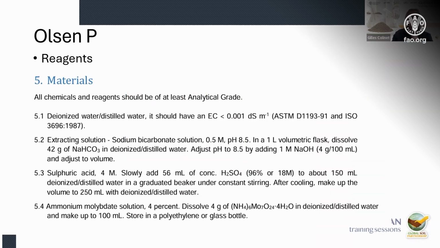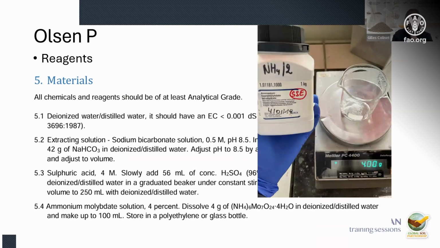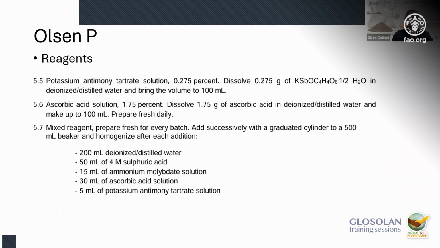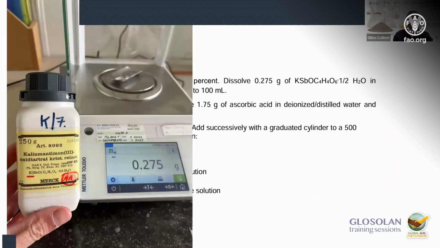So you use sulfuric acid, and different kinds of products in order to make the reagent. So for the mixed reagent you will add water, sulfuric acid, ammonium molybdate solution, ascorbic acid solution, and then potassium antimony tartrate solution.